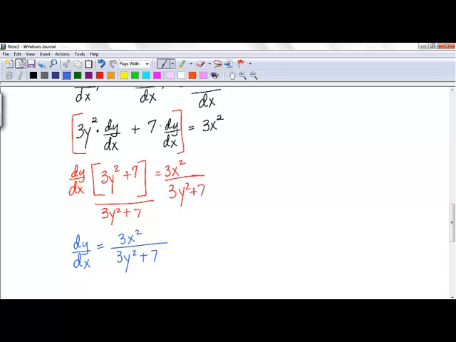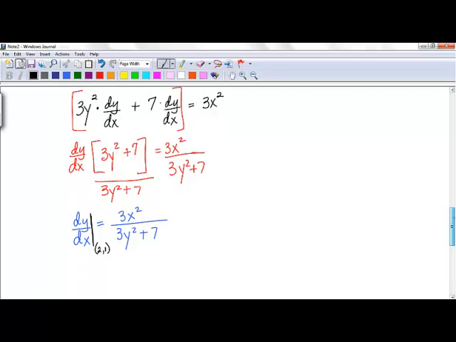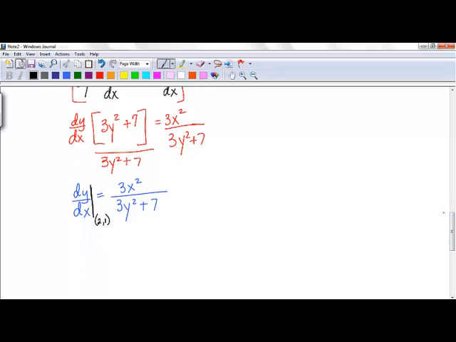And sometimes the author will do this. He will draw a line right here, and they want you to find it at the ordered pair 2, 1. Okay? So you got to figure the value. Okay, so the derivative of y with respect to x at that ordered pair.